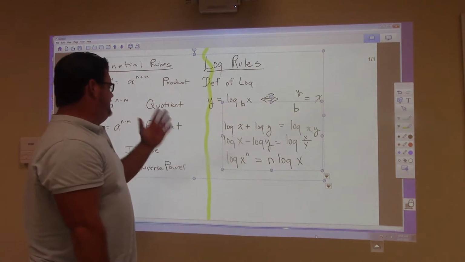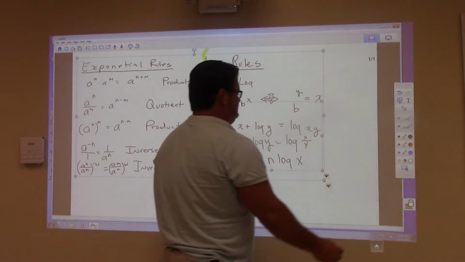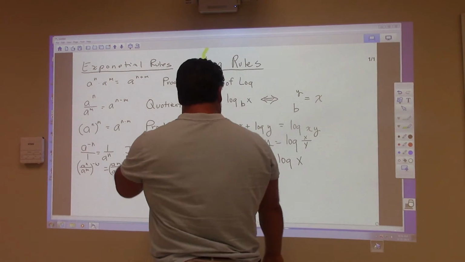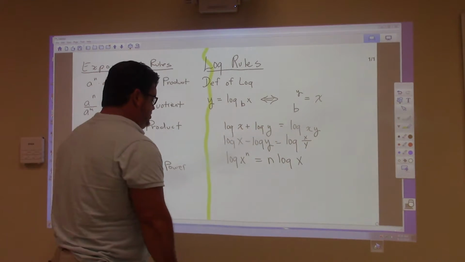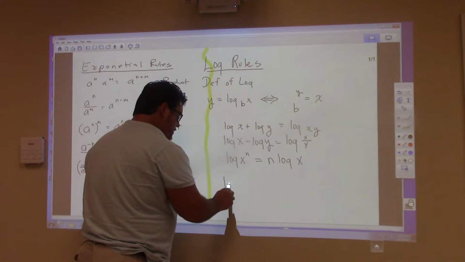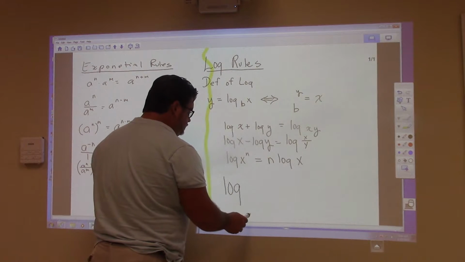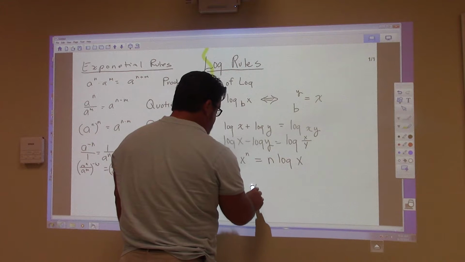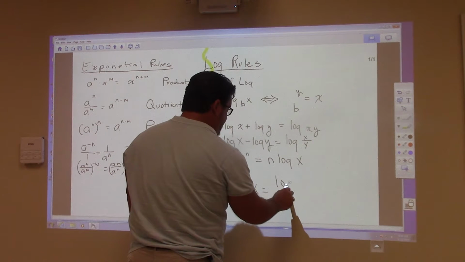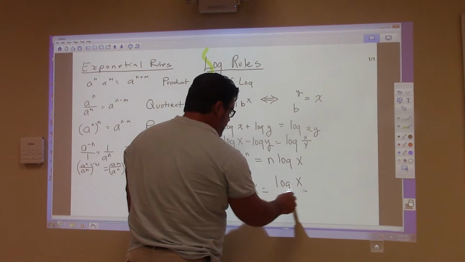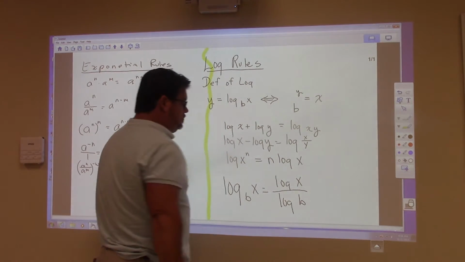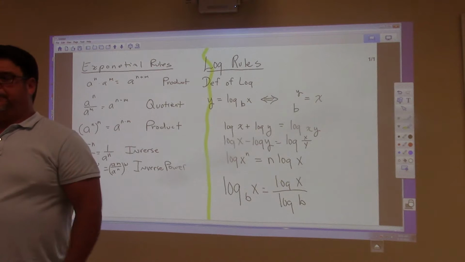All right, another one is the change base formula. Log base b of x is equal to the log of x over the log of b. That's the change base formula.